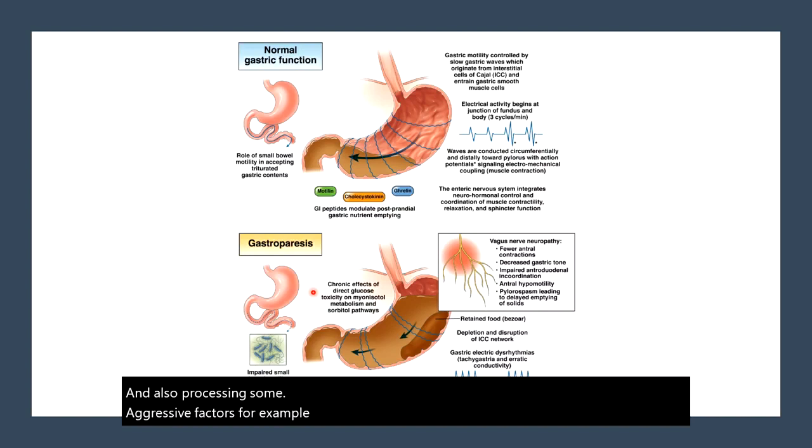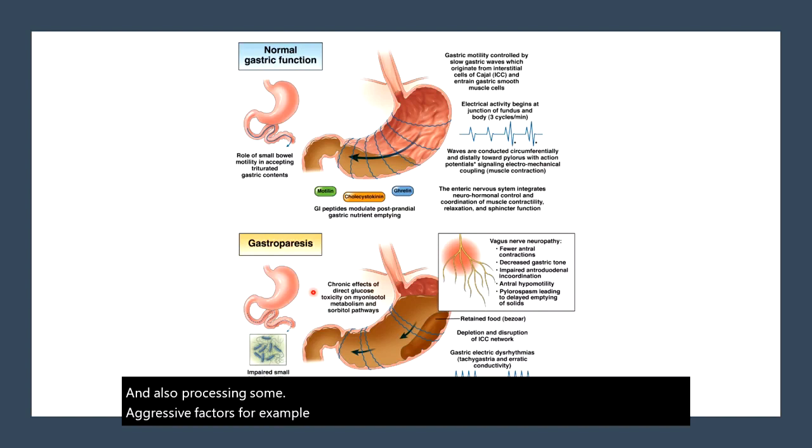So in the case of patients with poorly controlled diabetes, type 1 or 2, high levels of glucose are going to be responsible for damaging fibers of the vagus nerve, but also for damaging ganglion cells present in the muscularis and other layers of the gastrointestinal system.